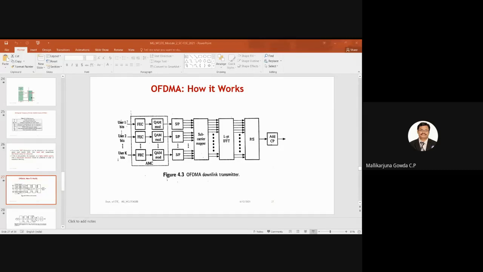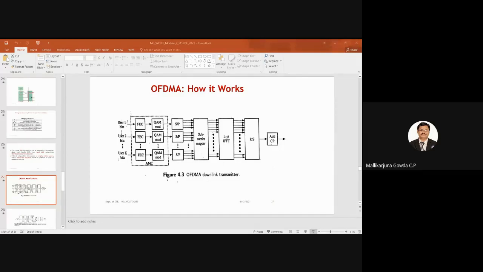The output of the serial to parallel converter, a low rate signal, will be given to the subcarrier mapper. Mapping is done here, and you should be able to visualize how the IFFT is done. After subcarrier mapping, it is given to the L point IFFT.